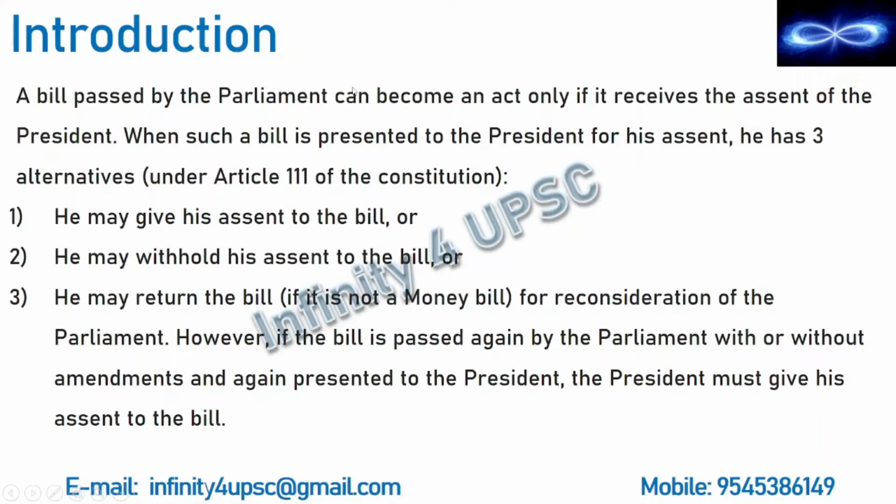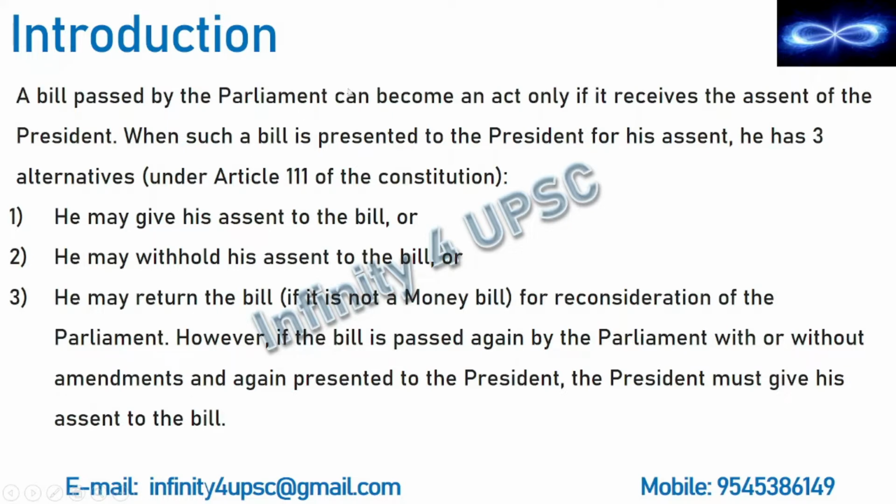A bill passed by Parliament can become an act only if it receives the assent of the President. We know this already. When such a bill is presented to the President for his assent, he has three alternatives. And these alternatives have been provided to him under Article 111 of the Constitution. Now again, a very easy article to remember.